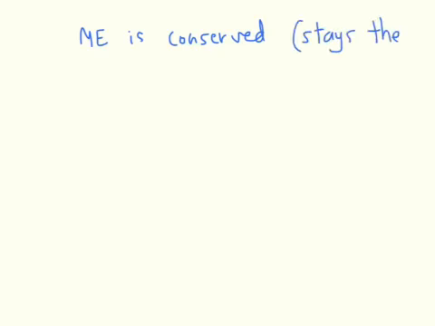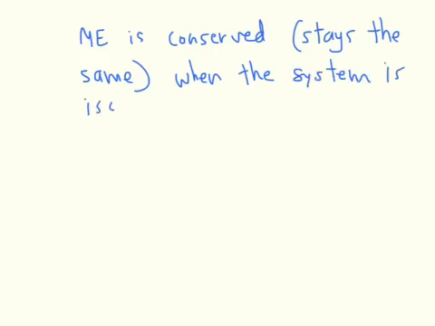And the reason is because the total amount of mechanical energy is conserved, which means stays the same. The amount of it stays the same, when the system we're looking at is isolated.